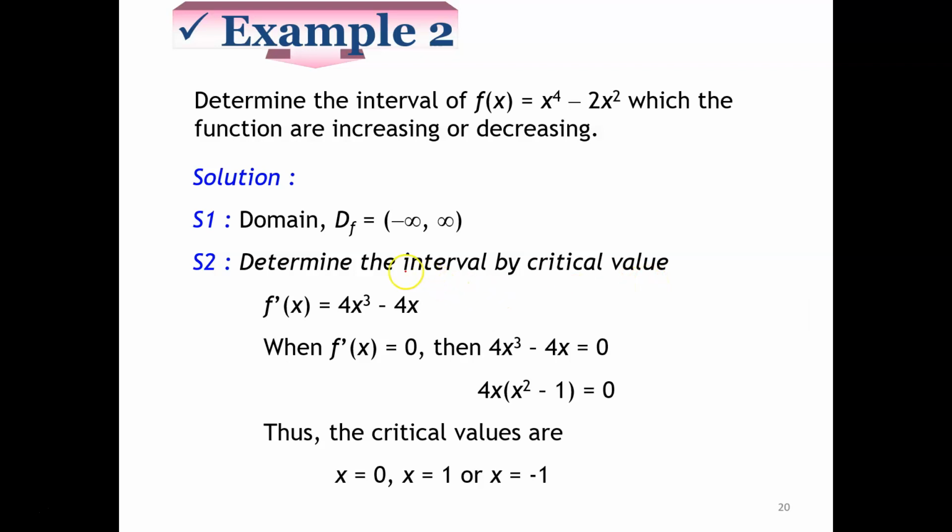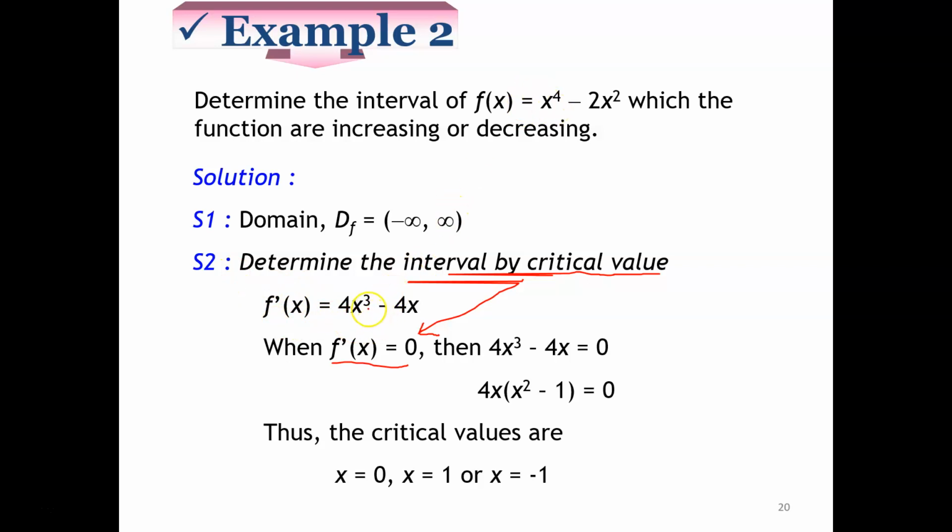And then second step, you need to determine the interval by critical value. So how are you going to determine the interval? Using the critical value, where critical value means, remember, you need to equal it to 0. So first, from the f(x), you need to differentiate it. First, differentiate this one.